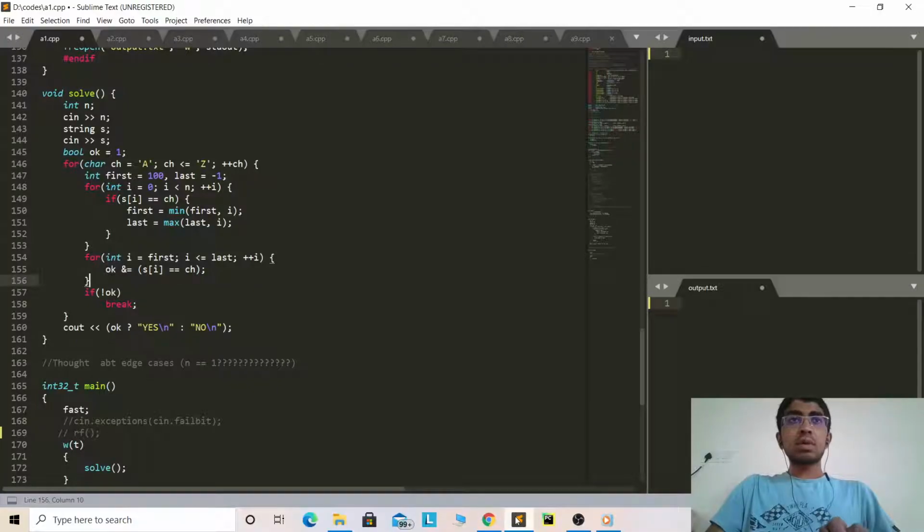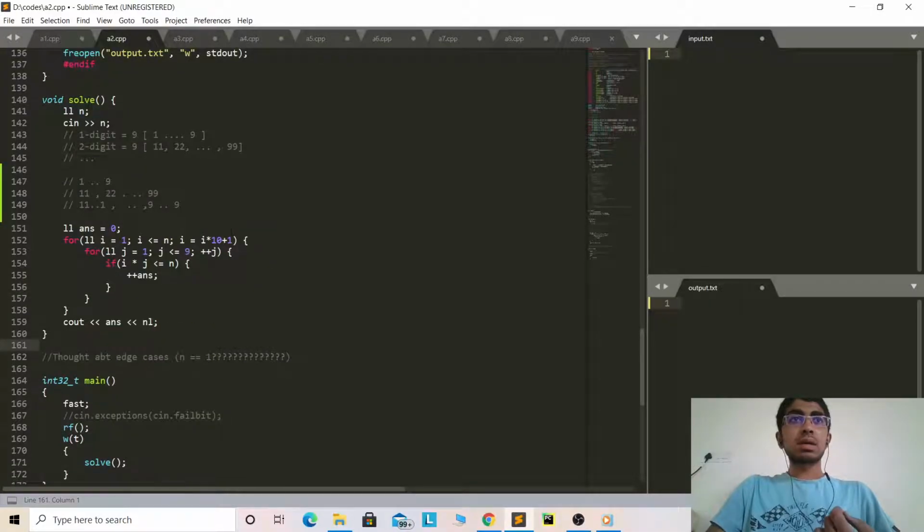For this problem the limit is 10^9, so the maximum number of digits would be 9 only, that is 10^9 minus 1 would be 9 nines. Also, for any k digit number, the number of such satisfying numbers would only be 9.